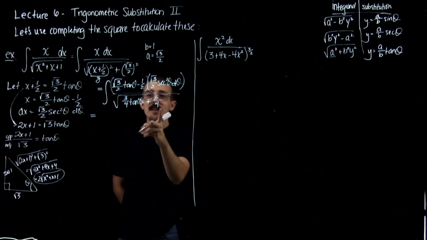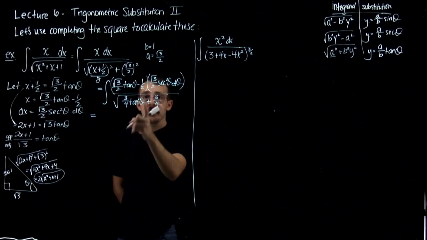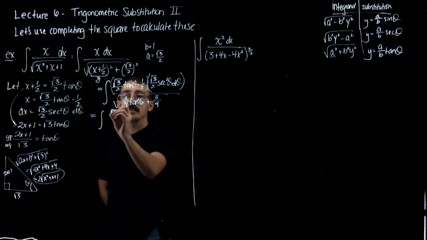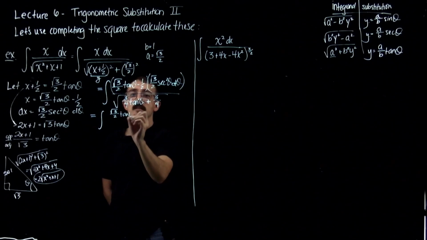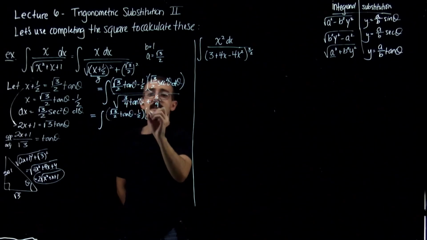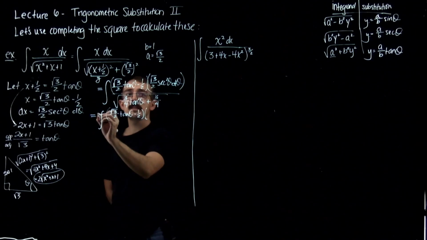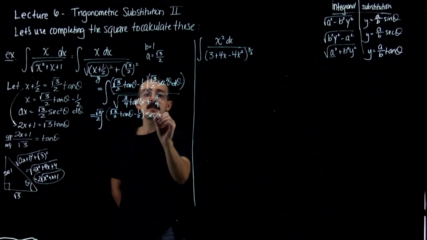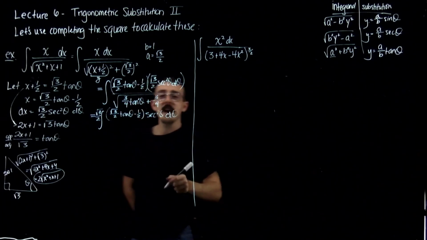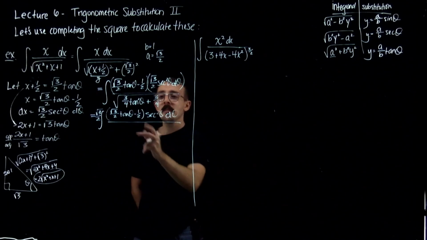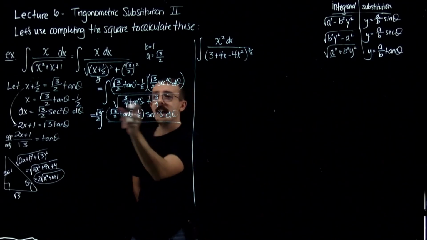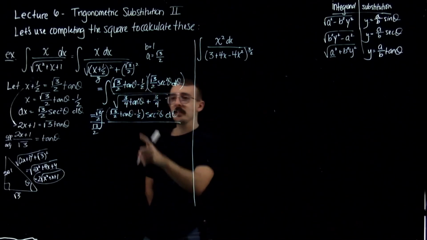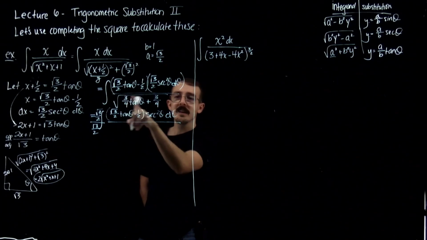So I see that this simplifies. What I'm going to do first is try to simplify what's in here. So I get the integral of radical 3 over 2 tangent theta minus 1/2. Radical 3 over 2 is a constant, so I'm going to bring that out front, and then I have secant squared theta d theta. And then here, if you factor the radical 3 over 4 outside, you have in the denominator radical 3 over 2, which comes from factoring it out of the radical.